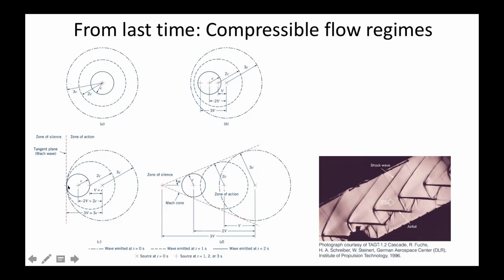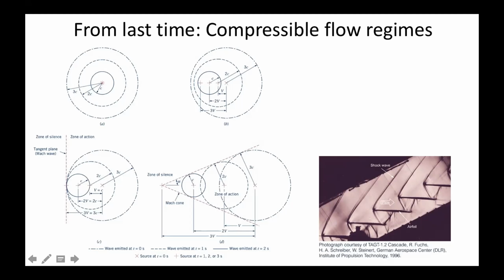These pressure waves start to build up and develop a shock, a strong discontinuity in the fluid properties. And then if we're moving faster than the speed of sound, we're in a supersonic situation and we've got this cone-shaped Mach wave. And communication can't happen before and after the shock, because sound can't propagate through that cone of silence, right?